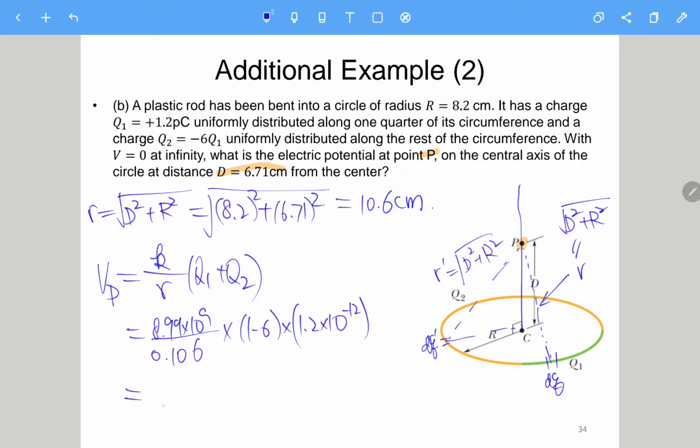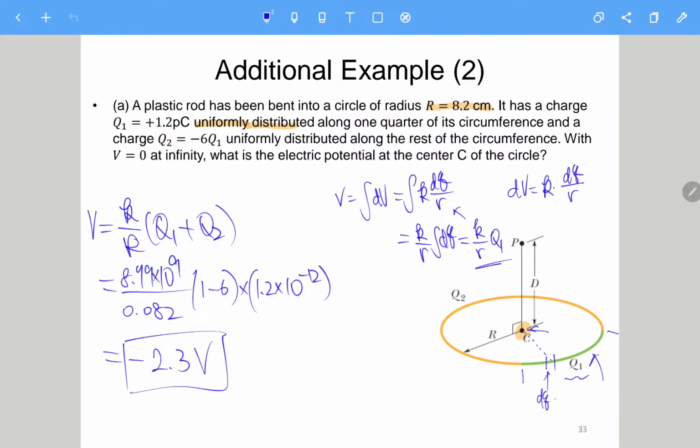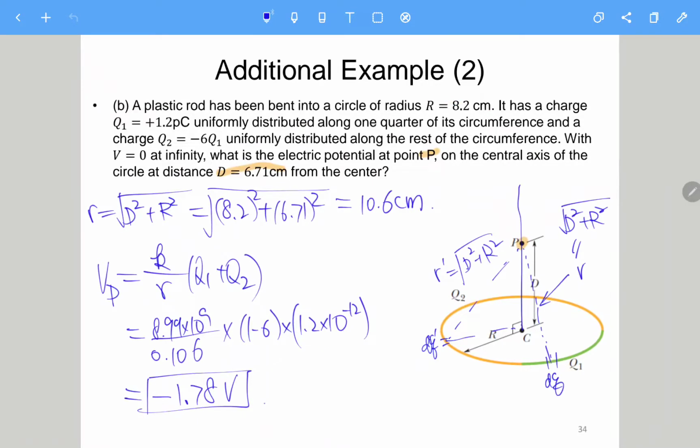So this one is negative 1.78 volt, which is slightly smaller for the absolute value. This is minus 2.3, this is minus 1.78, because you can simply imagine that this point is farther from the circle than point C. So the influence of this ring on point P is smaller.